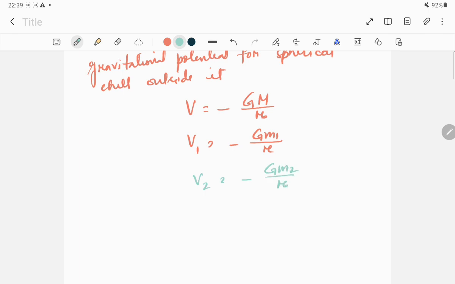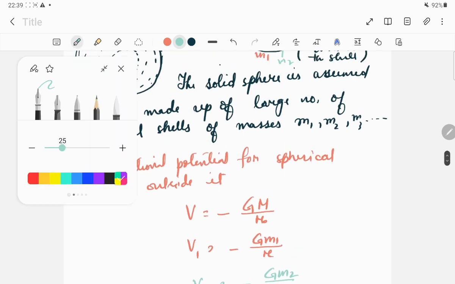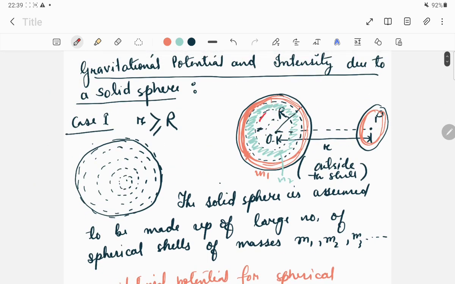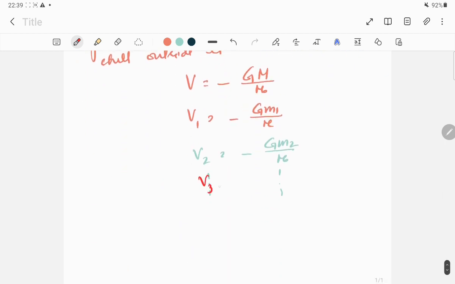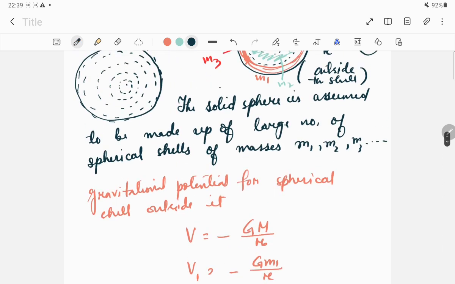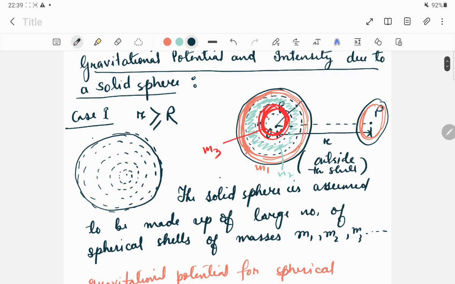We can keep on repeating it for other shells also. This shell is of mass m3, so the potential at P due to this shell will be minus Gm3 by r. Therefore this solid sphere is nothing but a combination of all the shells.